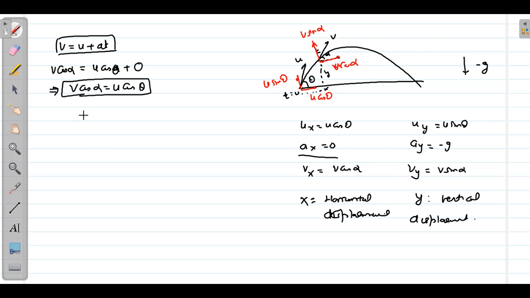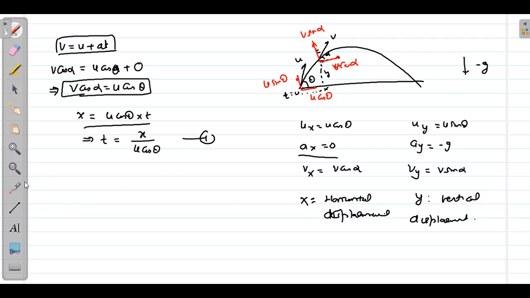That's why we can write distance covered x equal to speed into time. It is u cos theta into time t. So this gives time taken to cover the horizontal distance x as x by u cos theta. This is our equation number 1.